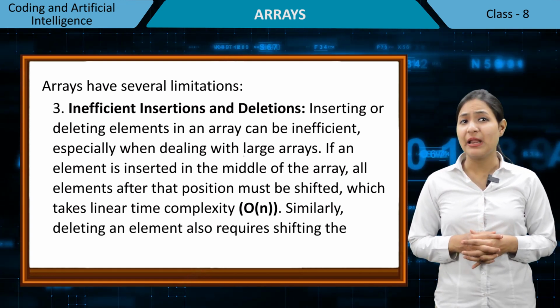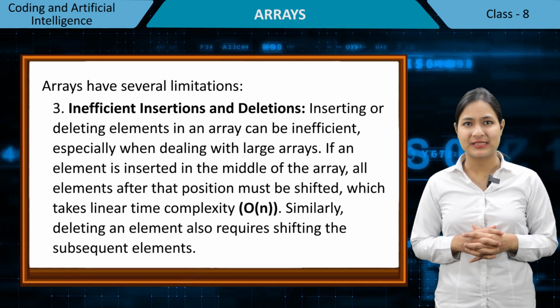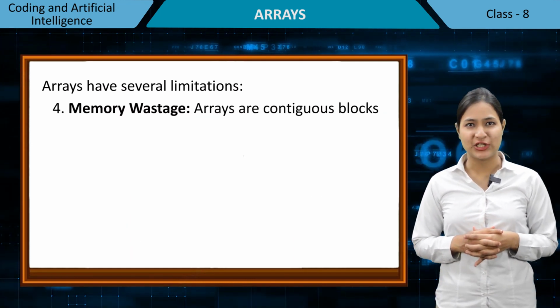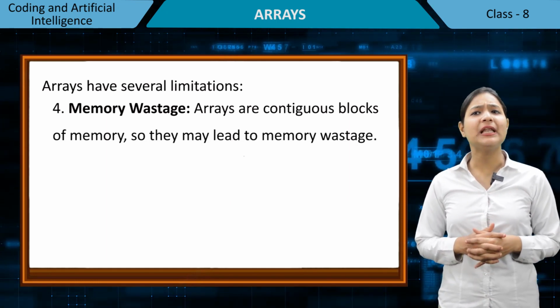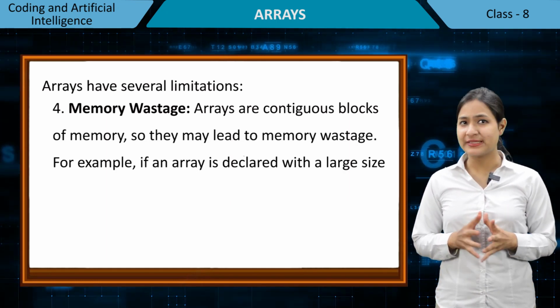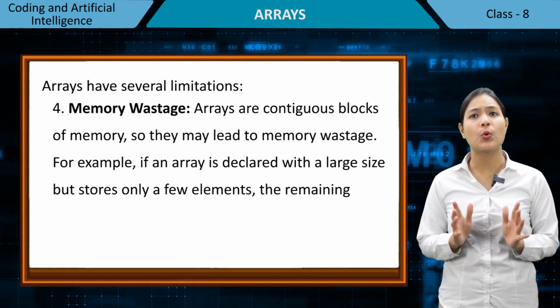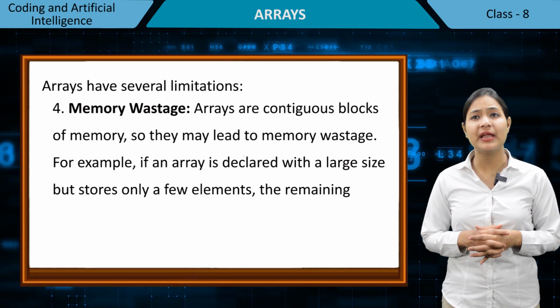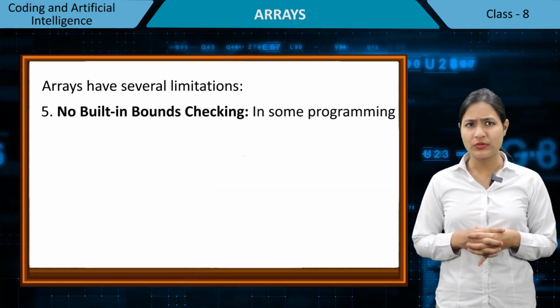Similarly, deleting an element also requires shifting the subsequent elements. Fourth, memory wastage. Arrays are contiguous blocks of memory, so they may lead to memory wastage. For example, if an array is declared with a large size but stores only a few elements, the remaining memory space is wasted.